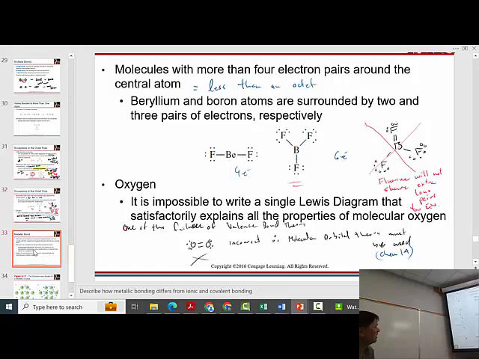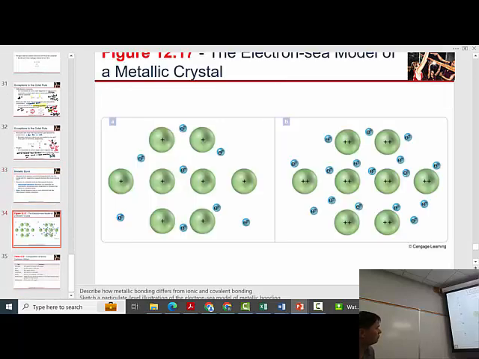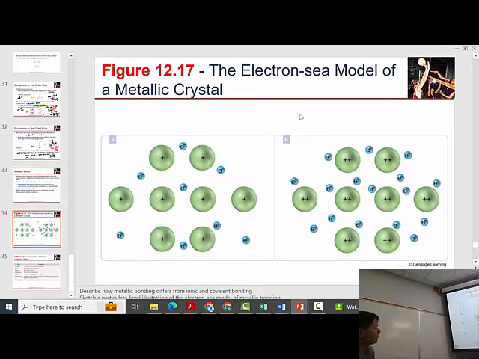Then we have metallic bonds next. Metallic bonds have something called delocalized electrons. This is the electron sea. It's like the ocean. Alloys are homogeneous mixtures of metals. This is the electron sea model.